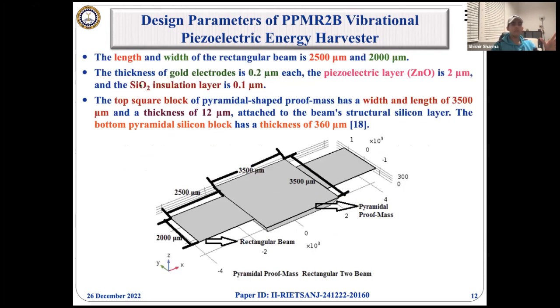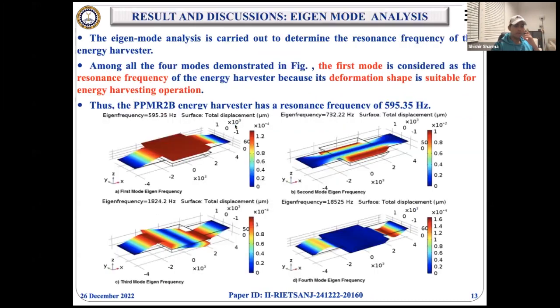And based on that, this is the length and the width we used for our proposed project, and the gold electrodes are almost 0.2 micrometer, and the piezoelectric layer is 2 micrometer, and the insulation layer is 0.1 micrometer, and everything's almost this size.